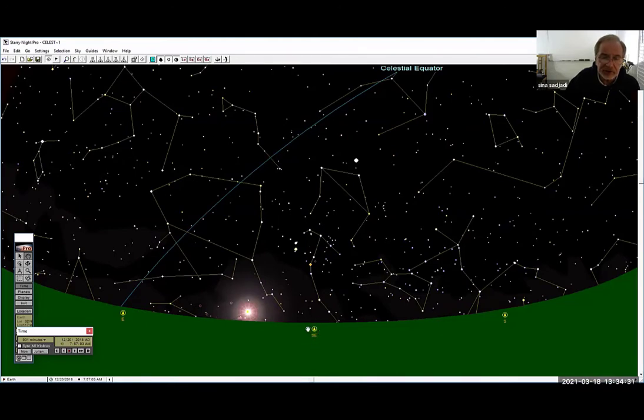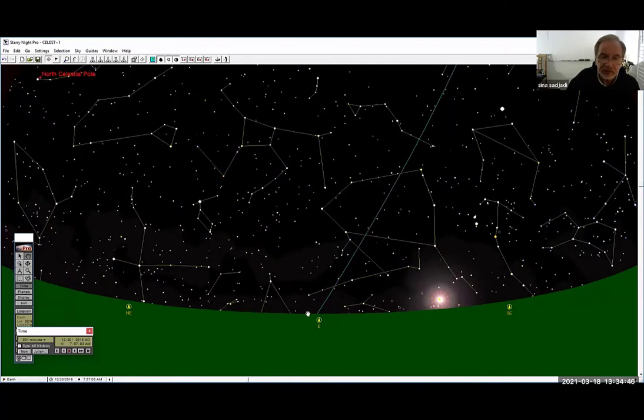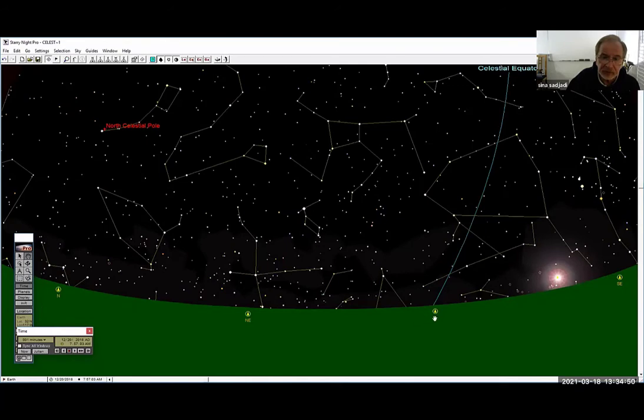Just because you see SE doesn't mean only this is southeast. All of this is south of east. So this is the east part of the sky. Anything north of east will be northeast of the sky.